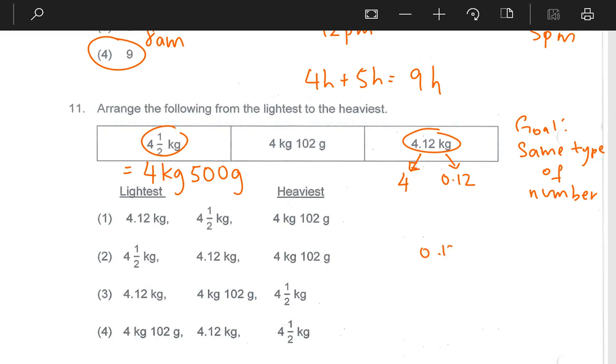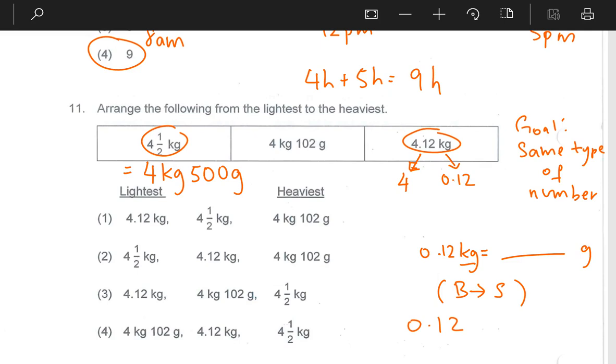Now 0.12 kg, if I would like to change it to gram, if you can recall in primary 5, we learned from small to big, we will want to divide. And how much do we divide? This is actually big to small, my mistake, I'm sorry. This is actually a big unit to a small unit.